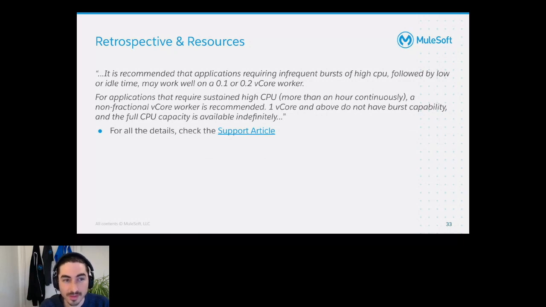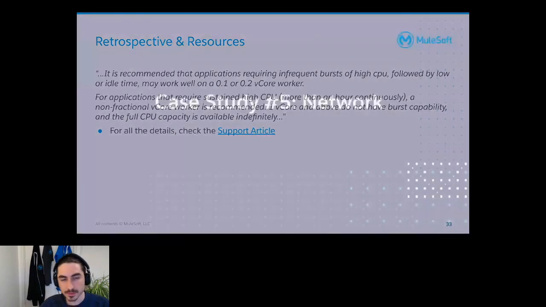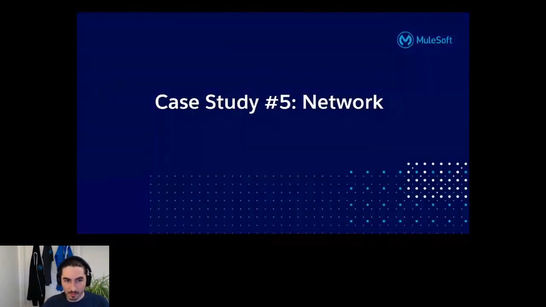For applications that require sustained high CPU, more than an hour continuously, a non-fractional P-core worker is recommended. 1 P-core and above do not have burst capability, and the full CPU capacity is available all the time, indefinitely. You probably want to check the details of this, and there's a support article there for you. Make sure you take a look. This is a topic that sometimes is not known. That was our case number 4.